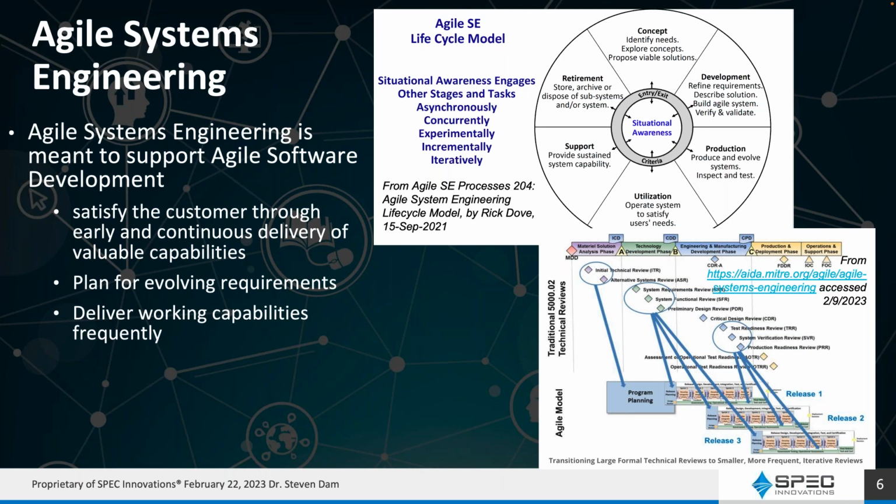Delivering working capabilities frequently, yes, absolutely. Again, that's where particularly software, particularly software as a service, allows us to provide things out quickly into the community so they can quickly see changes and see new capabilities come into play.